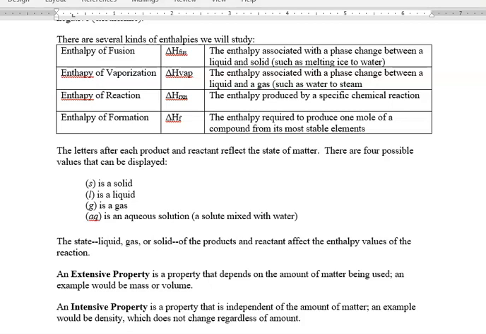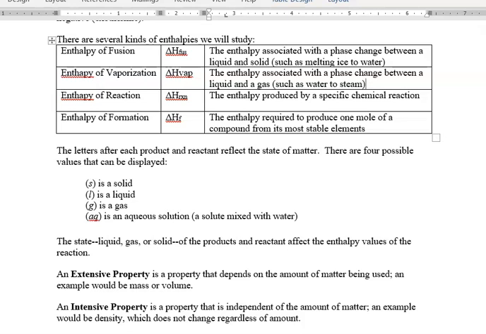Enthalpy of vaporization, that's the enthalpy associated with a phase change between a liquid and a gas. So such as water to steam. So when you boil water, it turns into steam, and the amount of enthalpy it takes to totally boil a certain amount of water into steam is the enthalpy of vaporization.